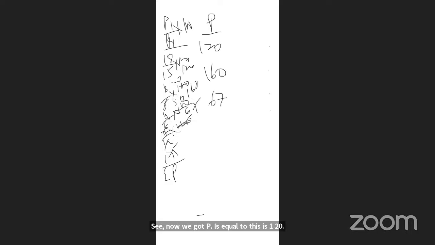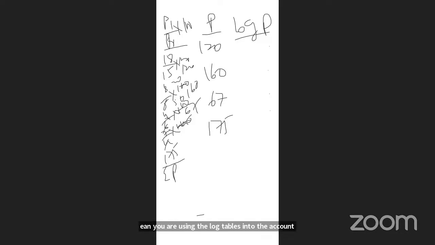See now, we got P as 120, 160, 67 and 175. Can you calculate log P for this? Do you know how to locate these values in the log tables? When you're working out the geometric mean, you are using the log tables.